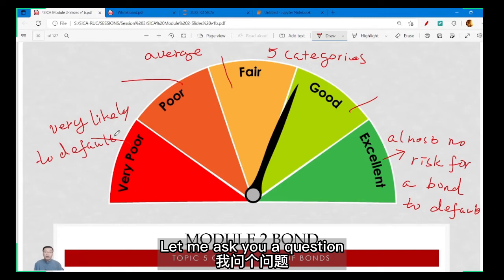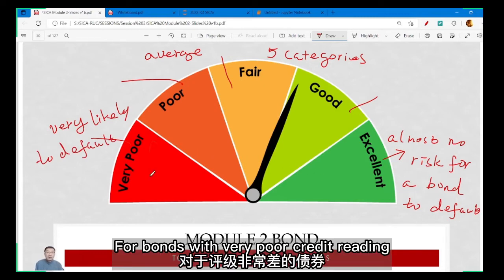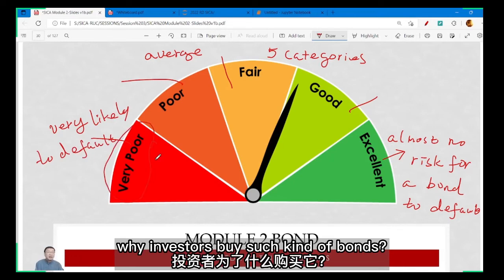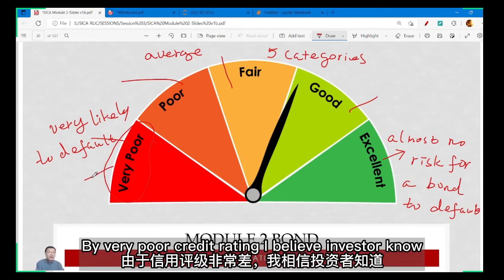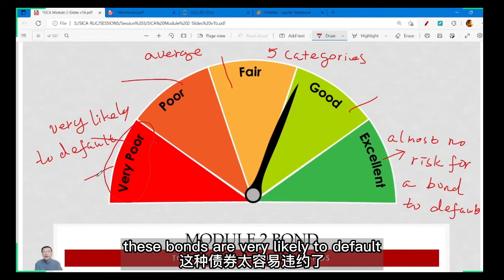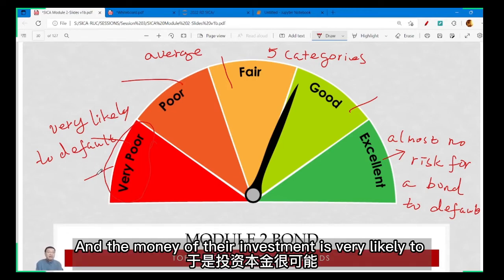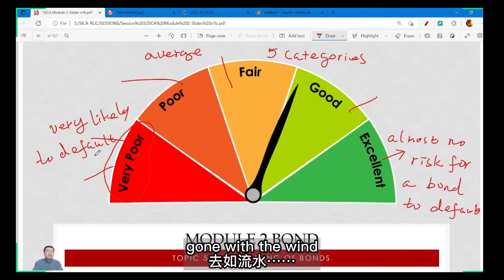Let me ask you a question. For bonds with a very poor credit rating, why do investors buy such kinds of bonds? With a very poor credit rating, I believe investors know these bonds are very likely to default, and the money of their investment is very likely to be gone with the wind.